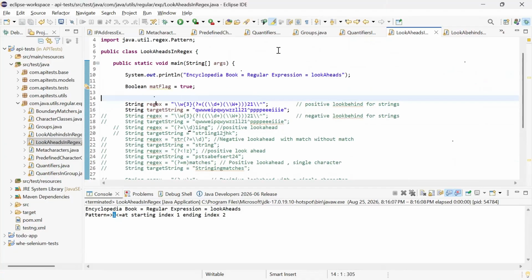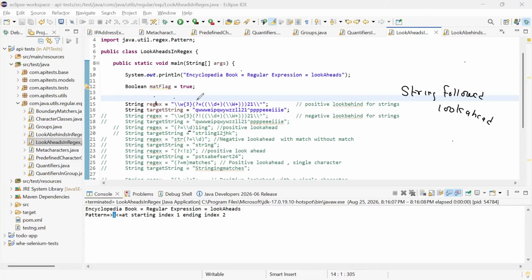Now the concept we are discussing here is when we have more than one character. That means it's a group of string, word, or sentence, and in that we are trying to search for a pattern. Again, what kind of pattern is it in the context of lookahead? It's a proper string followed by a lookahead.